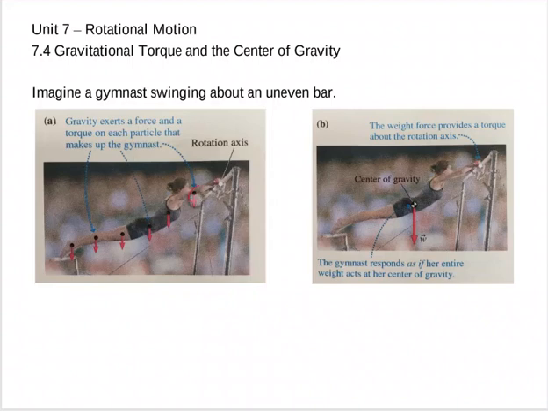Up here, we have these arms. Up here, the person's chest. Here, the torso. Here, the leg. Here, the calf. Here, the feet. All of those individual torques add together and give us a net torque, and that net torque is going to occur at this body's center of gravity.